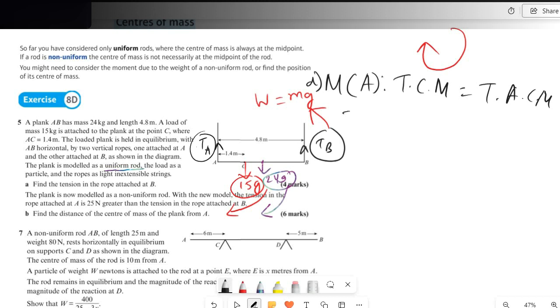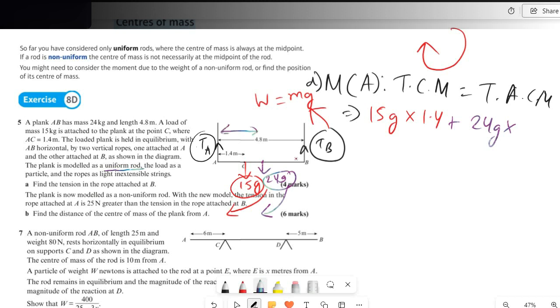So we can say that the total clockwise moment is 15g multiplied with the perpendicular distance from that point, which is going to be 1.4 meters, plus 24g, which is the weight of the plank, multiplied with the distance, which is going to be at the center or the midpoint.